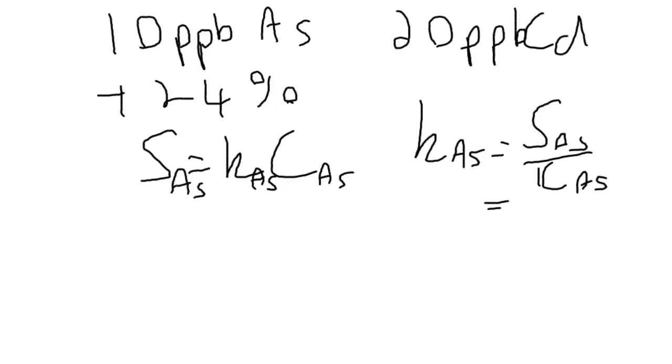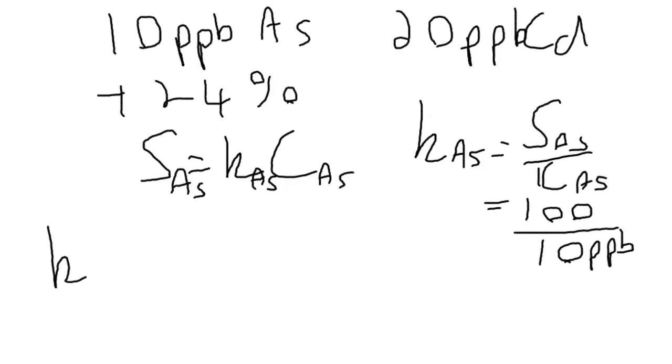We know the concentration. The signal we're not given, but we do know it's 24% higher with cadmium. It's a relative value, so we can just pick a value. Let's pick 100 to make it easy. If the signal is 100 for arsenic by itself, then it must be 24 for cadmium in order to be 24% higher. So it's going to be 100 for the signal for arsenic divided by 10 ppb.